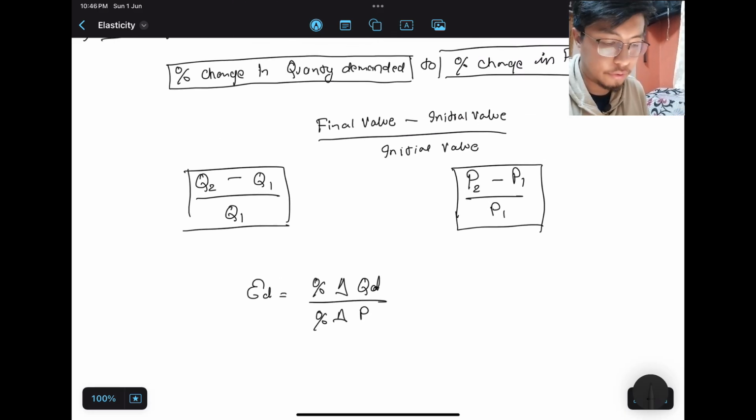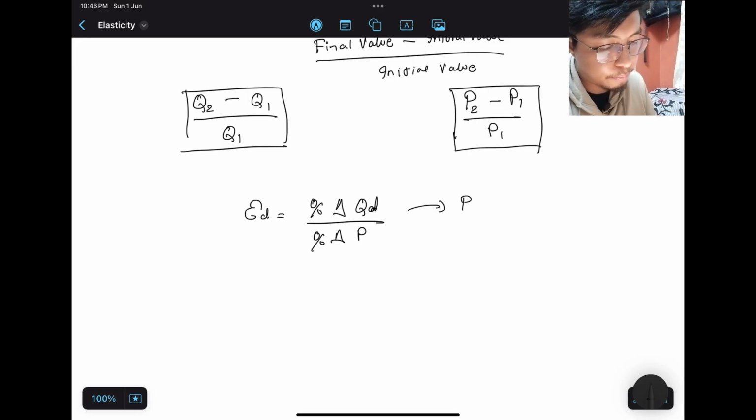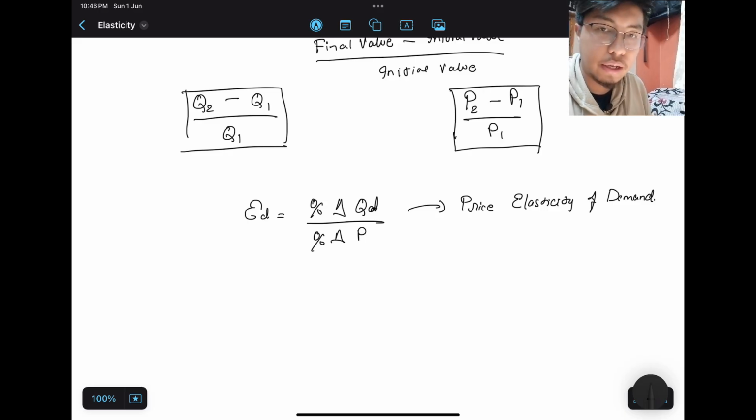Fine, right? Now look at this. This is your price elasticity of demand. In other words, you can understand it this way.